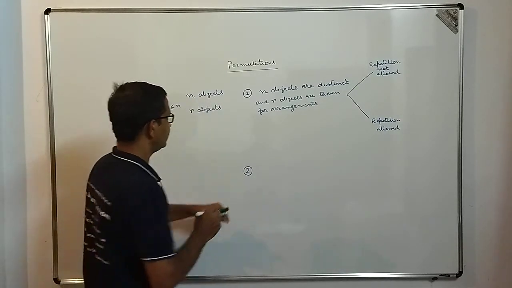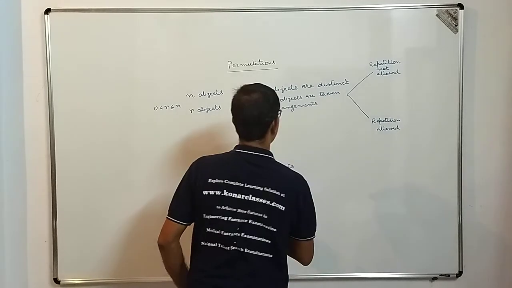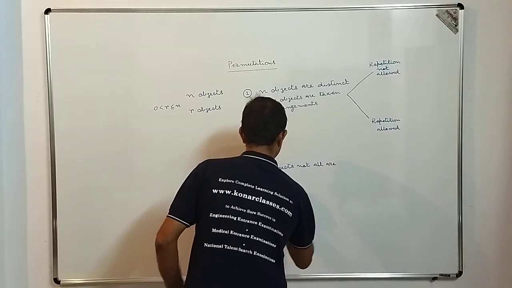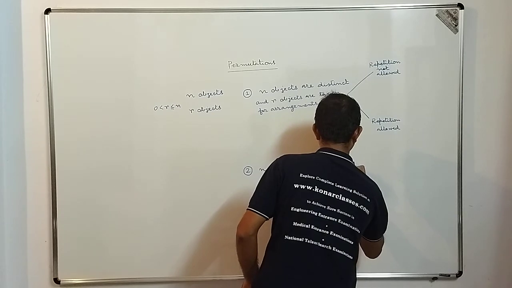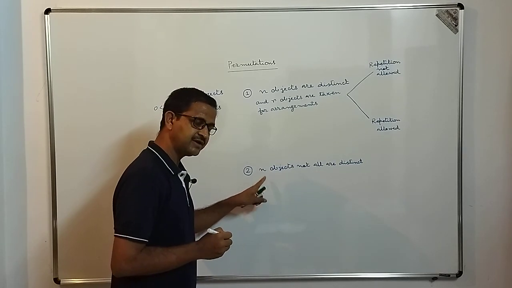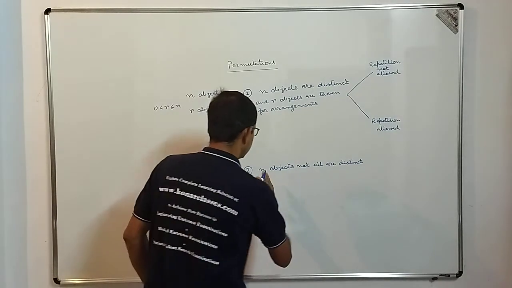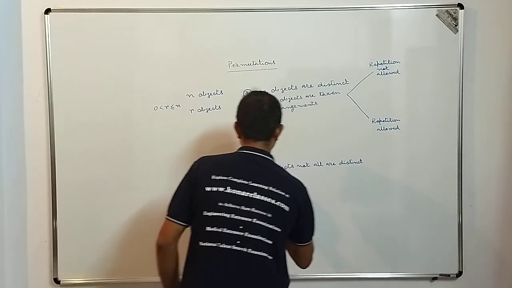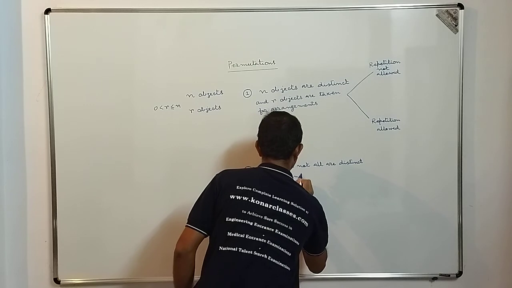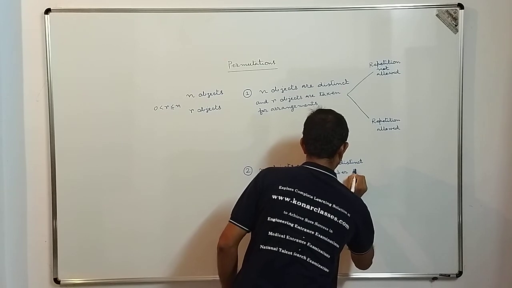In the second case, n objects are not all distinct, and we are making an arrangement by taking all these n objects and we will find the possible number of arrangements.